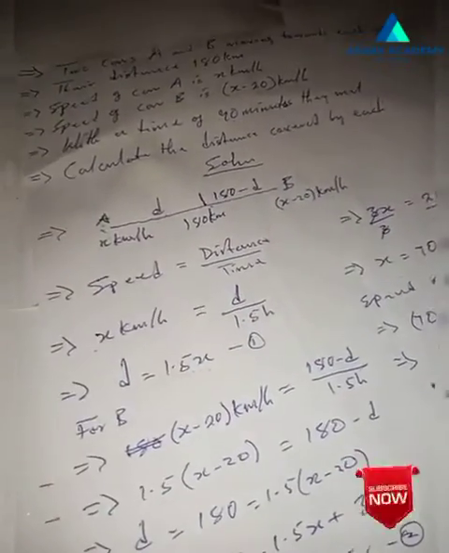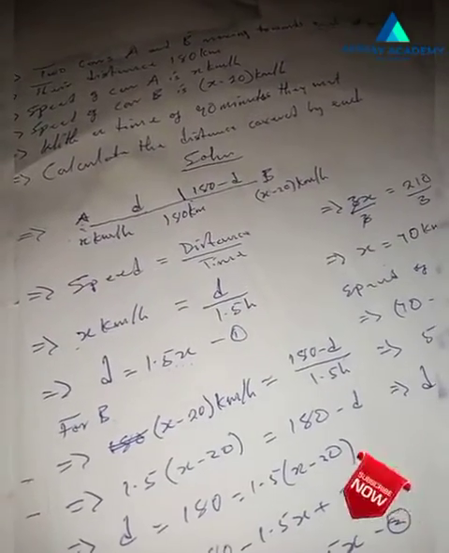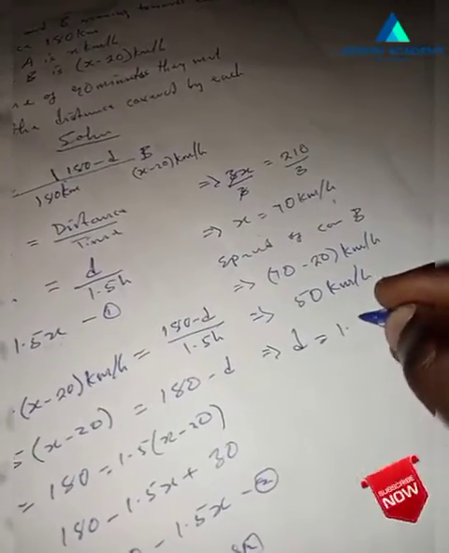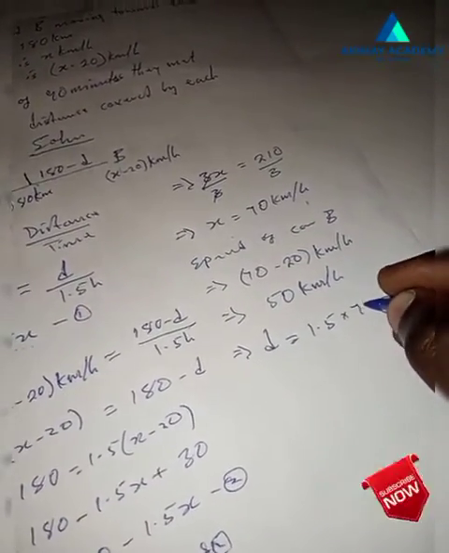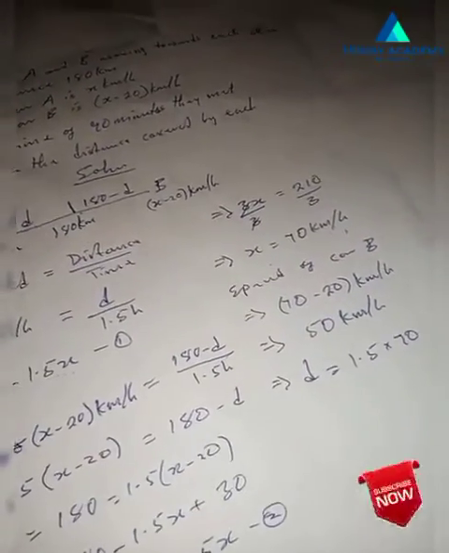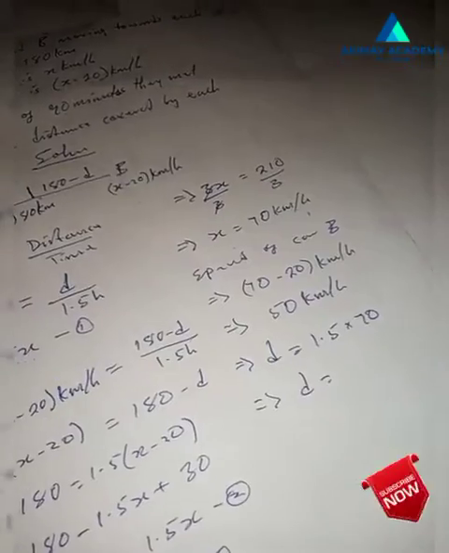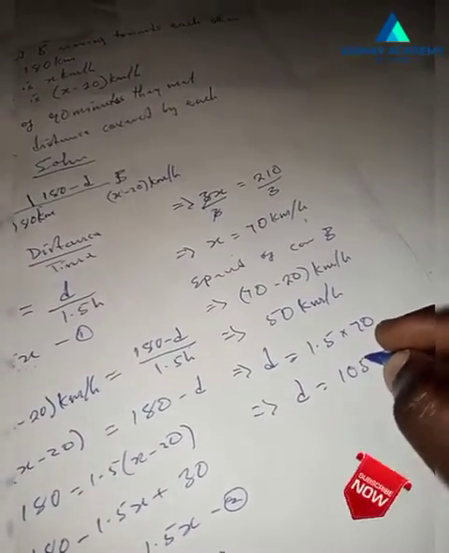So we know that our d is equal to 1.5 times 70, because our x is 70. If you do the calculation, we are going to have 105.